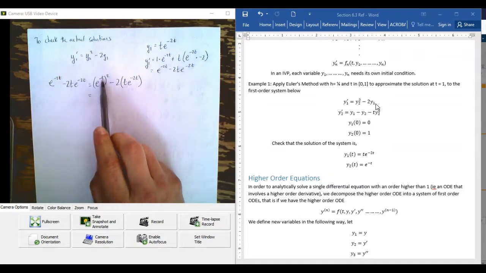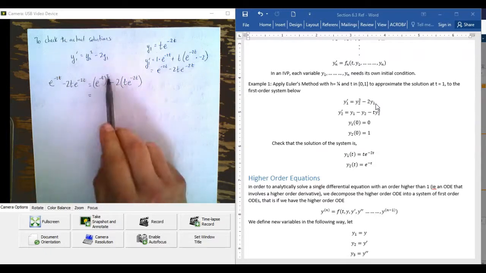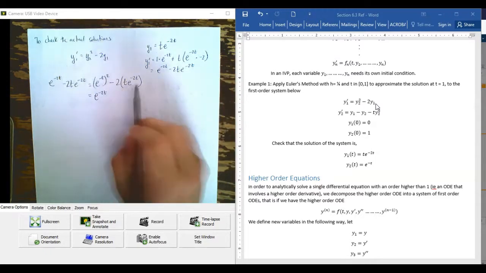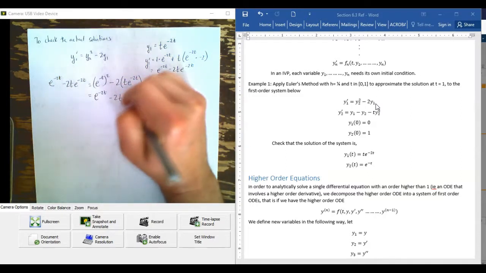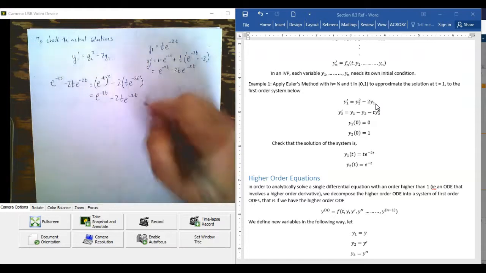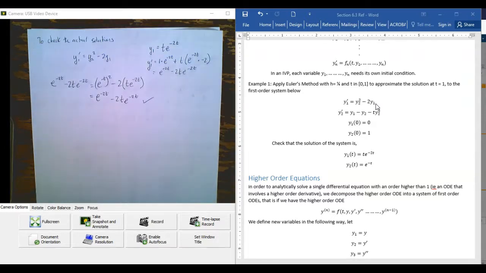When we raise a power to a power, we multiply them. So negative t times 2 is e to the negative 2t, and minus 2t e to the negative 2t. So you can see the left and right hand sides are equal. So y1 is a solution.